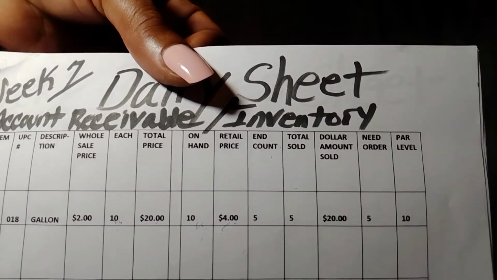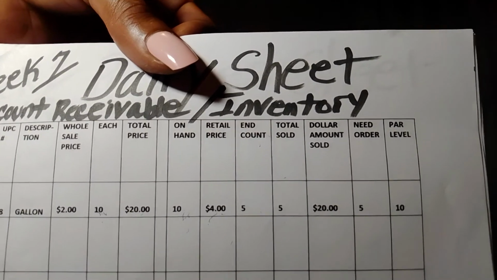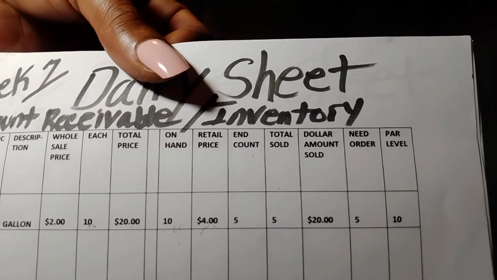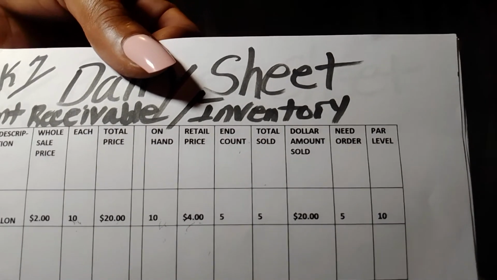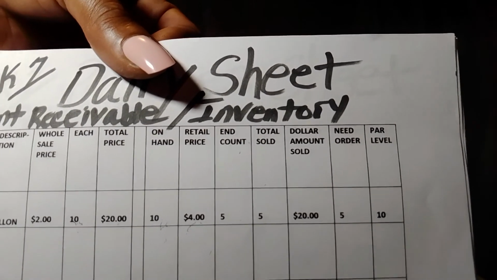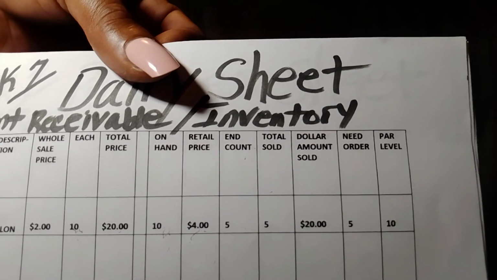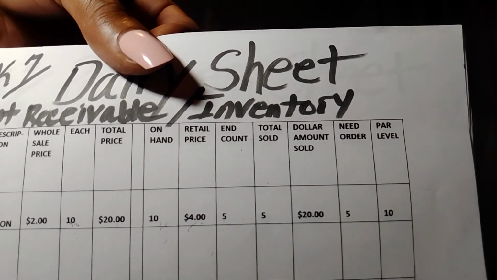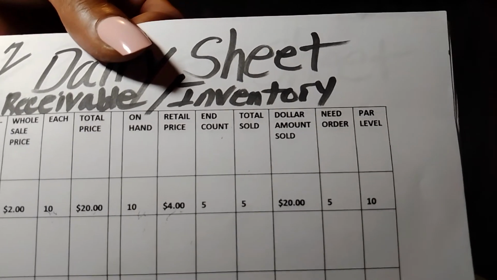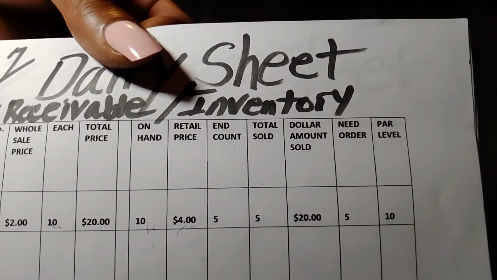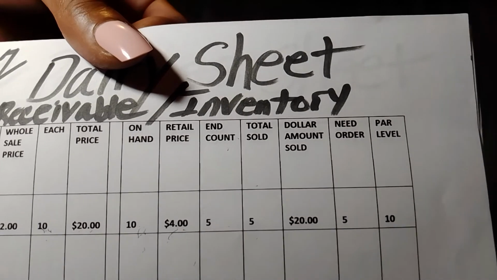Okay. And then you'll see the next one says need order. That means you need to order 5 more milks, because you sold 5. Okay? And the par level is what you need in your store at all times.